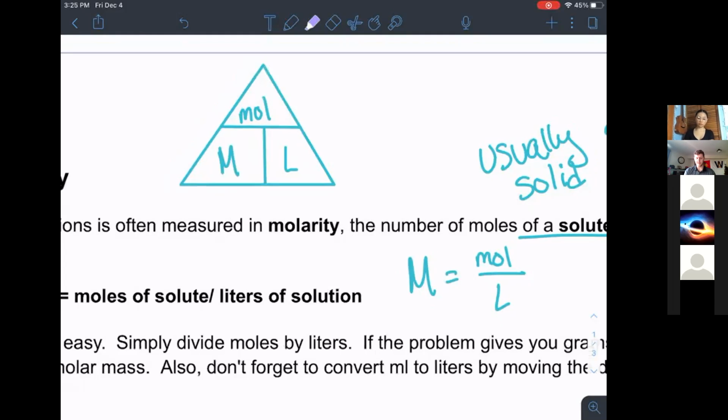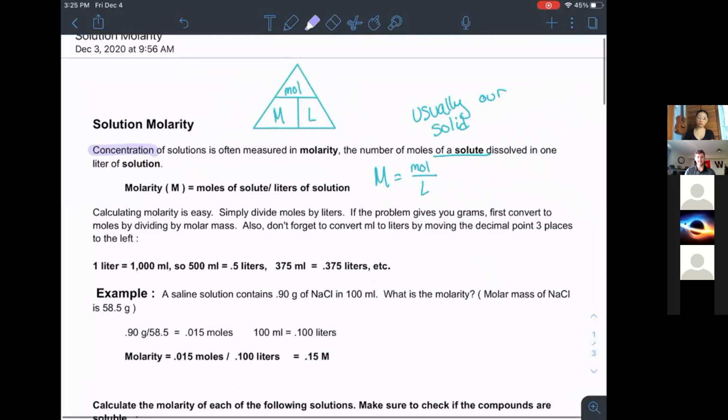We are going to go through some information together though. It says calculating the molarity is the easy part. It's simply dividing the number of moles by the liters. If the problem gives you grams though, that's when it gets a little bit trickier. When you start with grams instead of moles, you first need to find the molar mass, and then convert the grams to the number of moles.